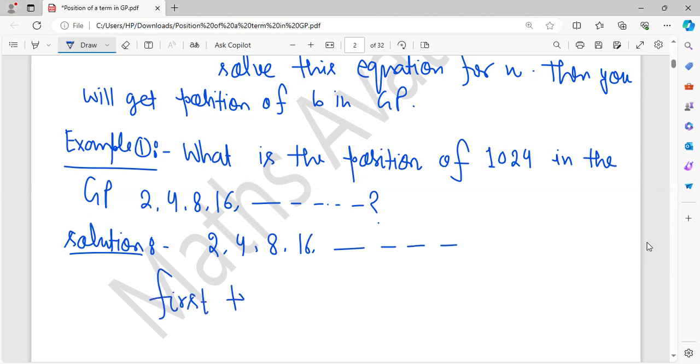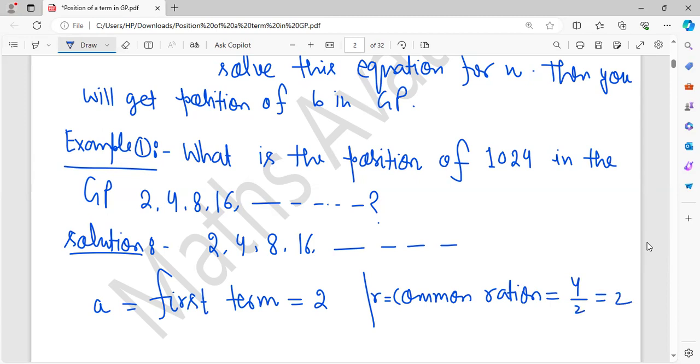The first term is A equal to 2. What is the common ratio? R is 4 upon 2, that is 2. Or you can take 8 upon 4, or 16 upon 8. It is 2 each time.